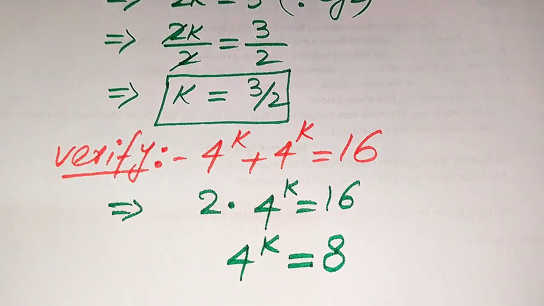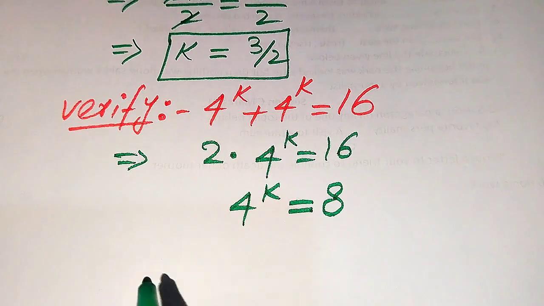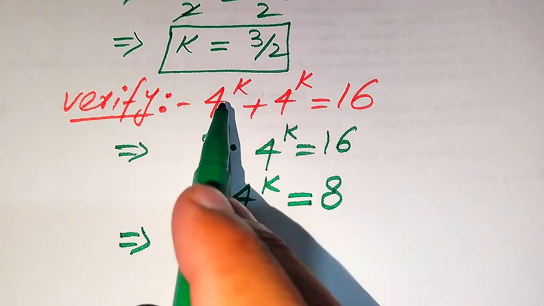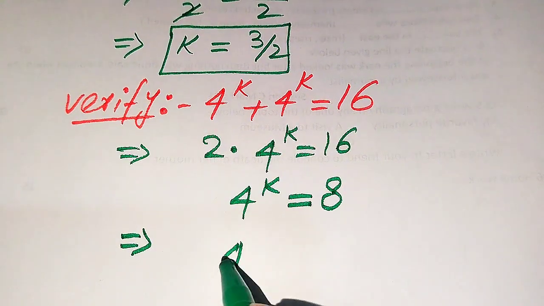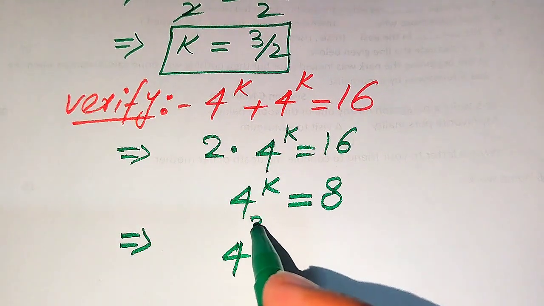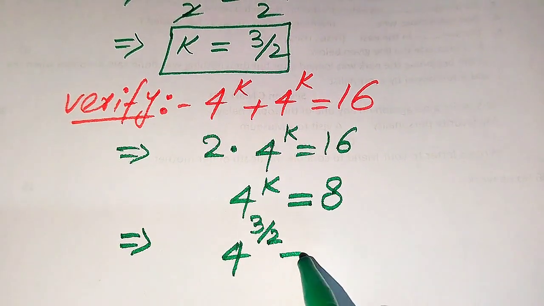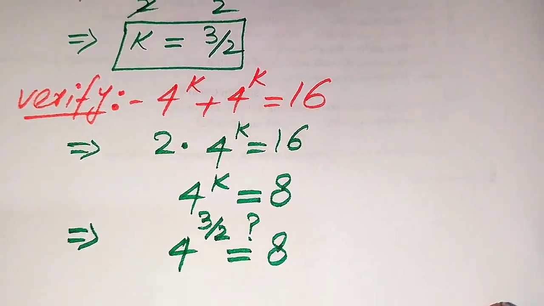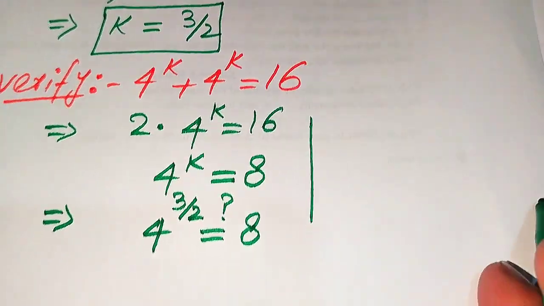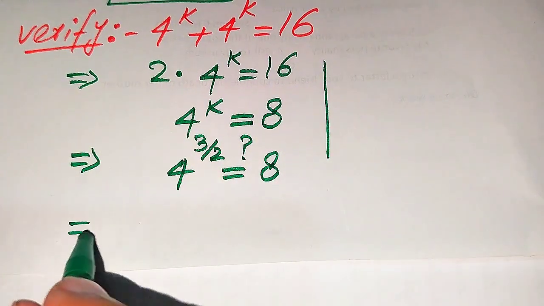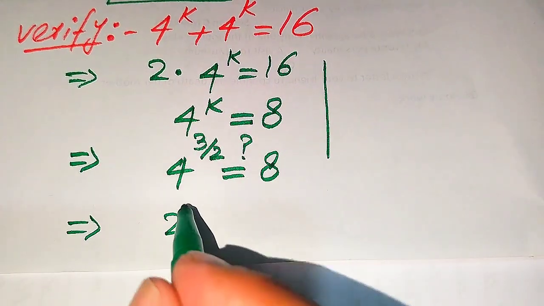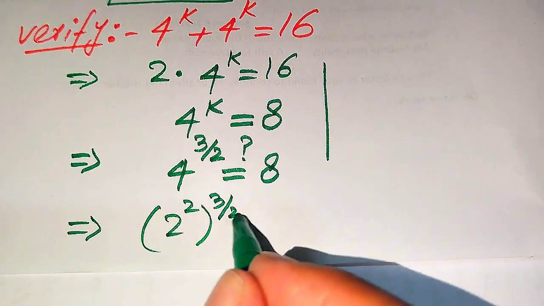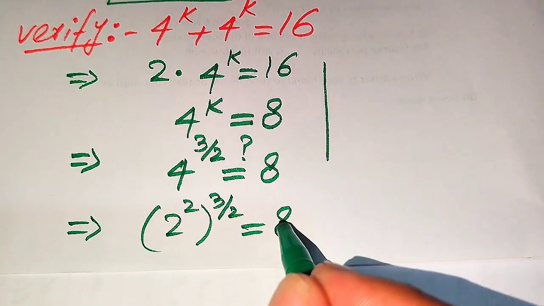Okay, so here I can just put the value of k because this is the simplified form of the given question statement. Now we put this value here, it becomes 4 to the power of k, and the value of k is 3 divided by 2, is equals to 8 or not. This is our claim. And you see here, we write this 4 as 2 square and its whole power is 3 by 2 is equals to 8.